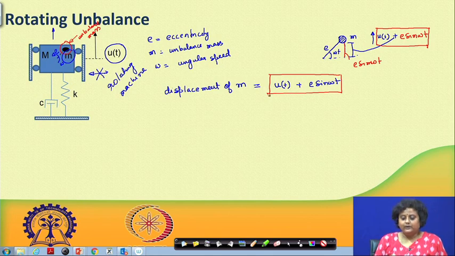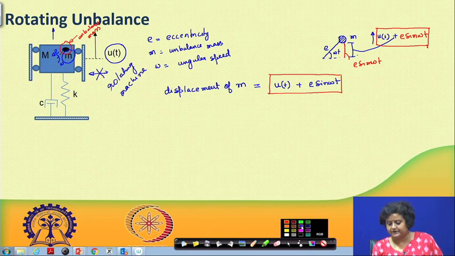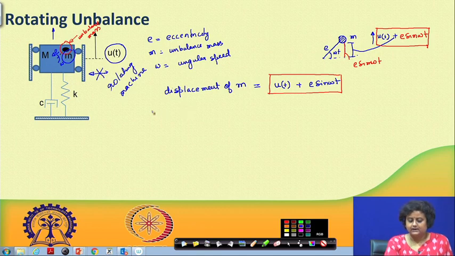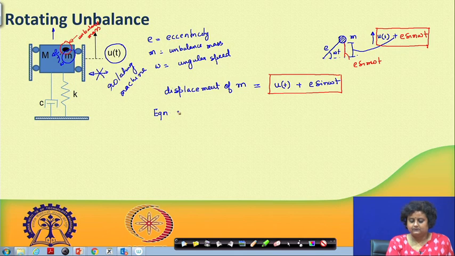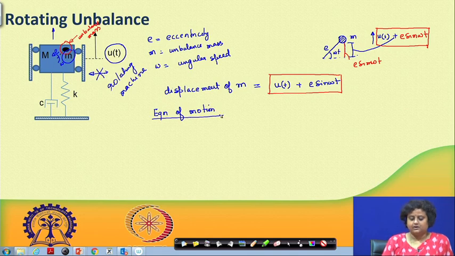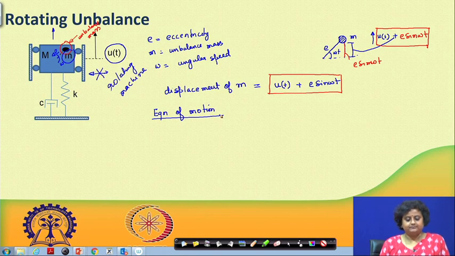Now, knowing this, let me find out the equation of motion of this entire machine. M is the total mass of the machine, including the unbalanced mass, including the small mass m.